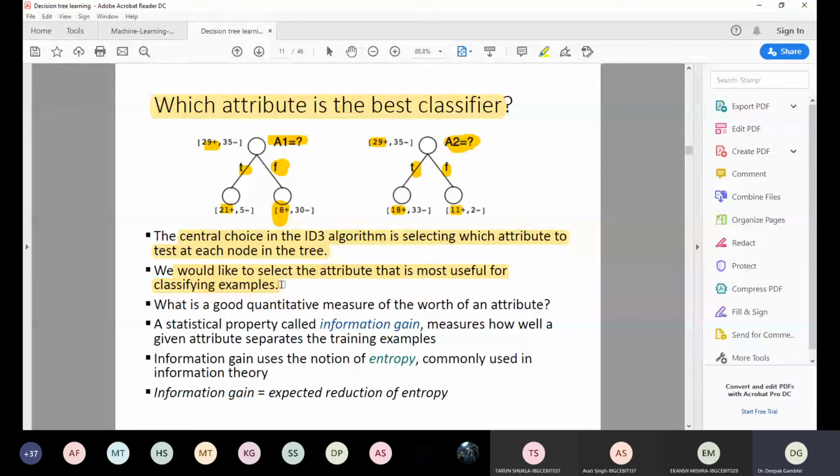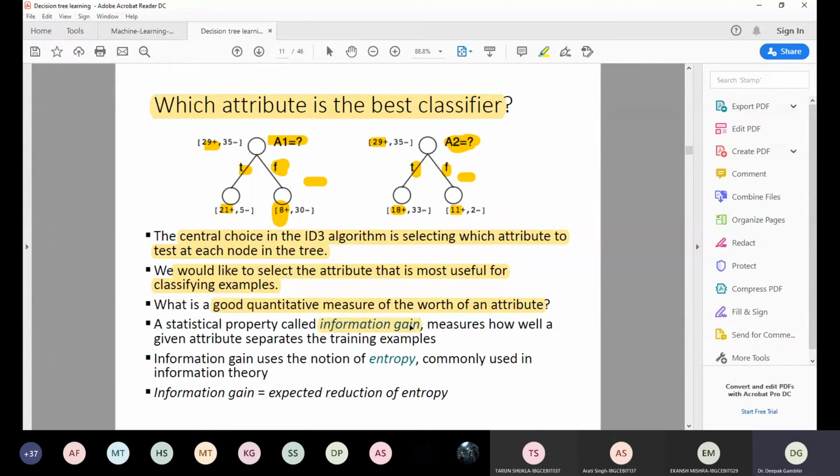So what is a good quantitative measure of the worth of an attribute? How can you quantitatively say that attribute A1 needs to be chosen or A2 needs to be chosen? You can choose A1 also, you can choose A2 also. But which of these needs to be chosen? That measure is known as the information gain.